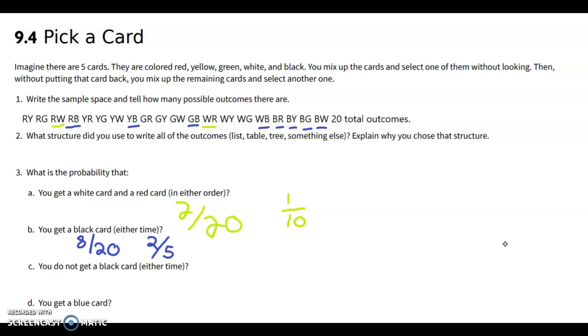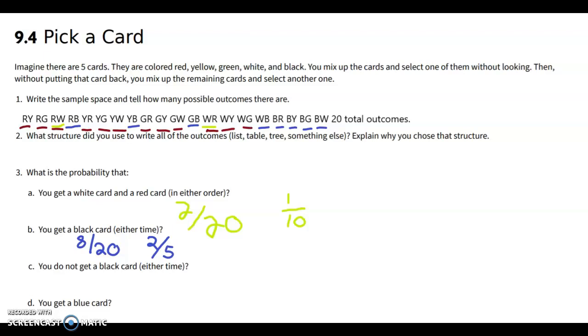You do not get a black card either time. Okay, so let's get a new color out here. Alright, so we have no black here, no black here, no black here. Oh, black. And then none of these.